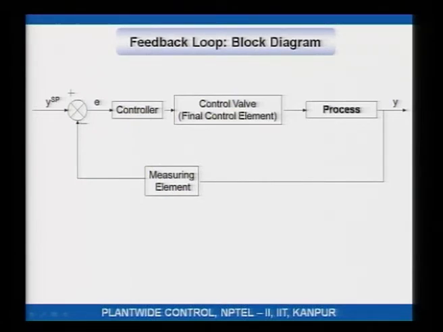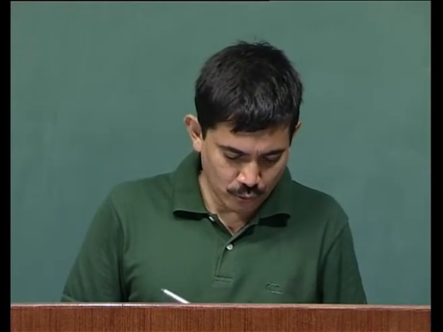The controller outputs a signal which goes to the final control element, which is typically a control valve, and because the control valve moves, the input to the process changes, and hopefully if you have got everything right, the change in the input would be such that deviating y will be brought back to its desired value. Okay. So, this is just a block diagram of a feedback control loop.